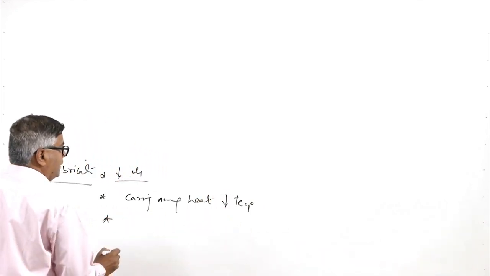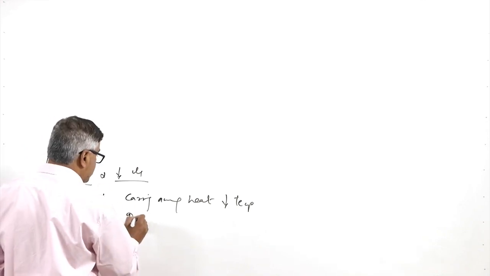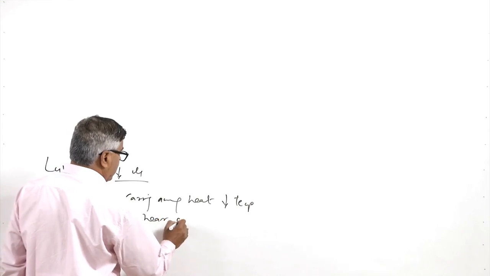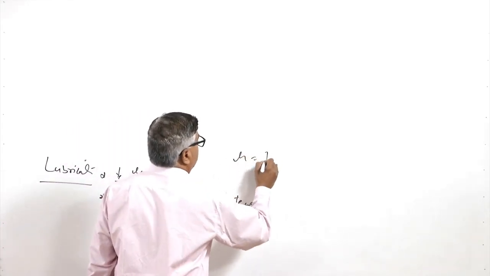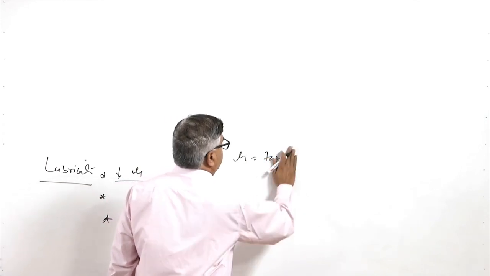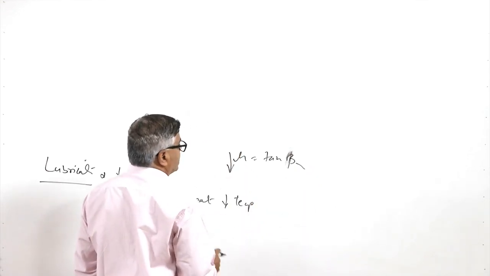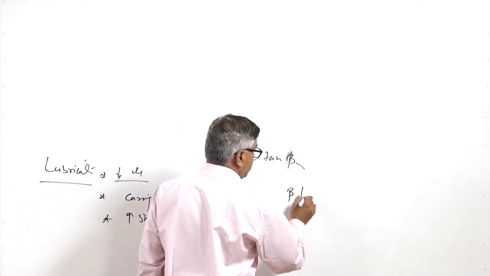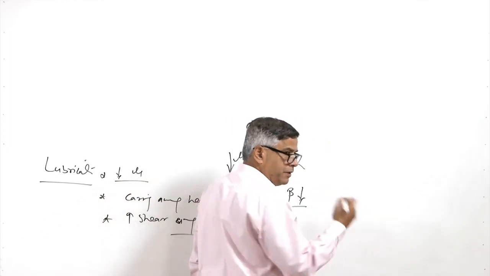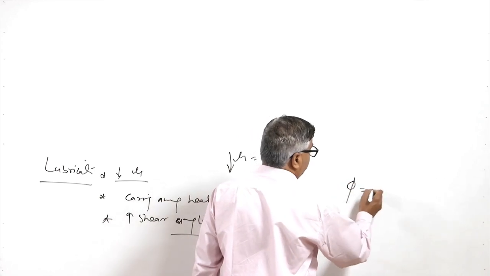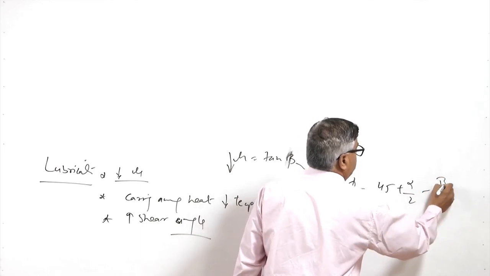And the third one is increasing the shear angle. So, how is it possible? For that we need to see that mu is equal to tan beta, beta is the friction angle. If the friction coefficient is reduced, it helps in reducing the beta value, and once the friction angle beta is reduced, then according to the Merchant theory, phi is equal to 45 plus alpha by 2 minus beta by 2.